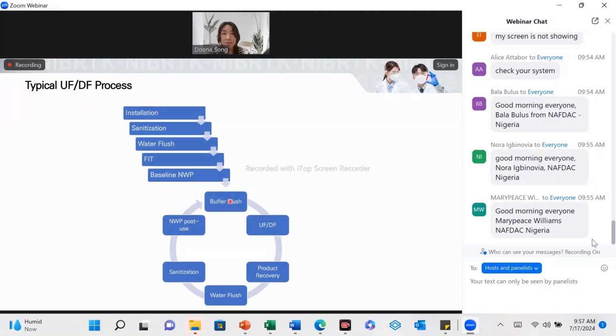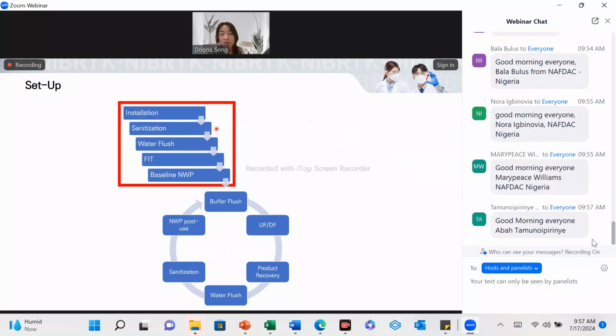And there are many steps in TFF filtration operation, including setup, ultrafiltration, diafiltration process, and NWP check for monitoring and cleaning. Before you process any product on an ultrafiltration and diafiltration unit, you must first perform setup and equilibration. In the setup stage, the first step in the operation is installation.